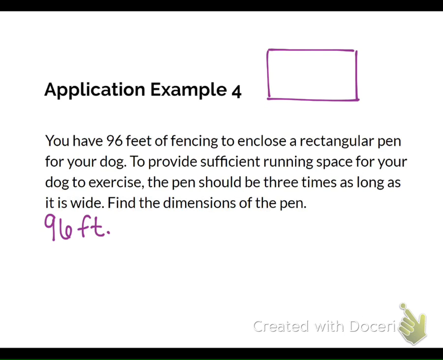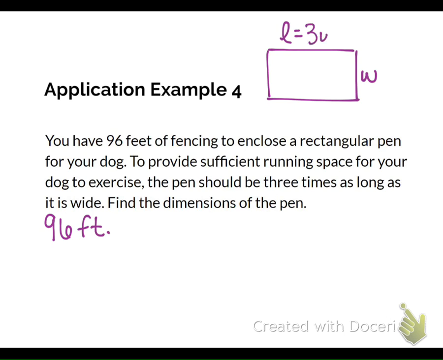Okay, we've got both a length and a width. But it tells us in here that the pen should be 3 times as long as it is wide. Okay, so if we call the width W, the length needs to be 3 times that much.